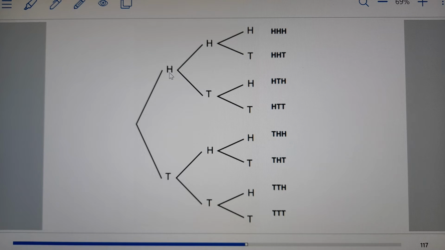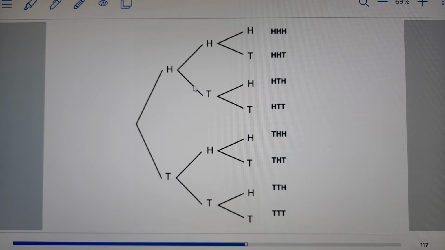So the first one is head, head, head. Second one, head, head, tail. And then we come here. We have head, tail, head.